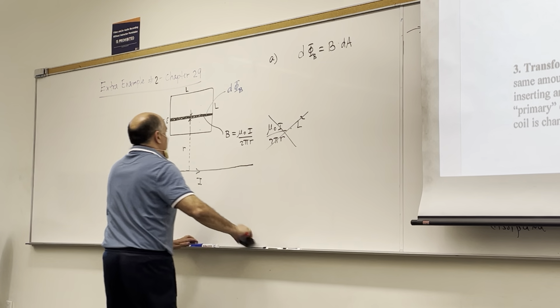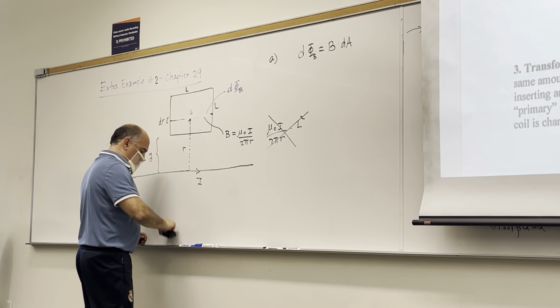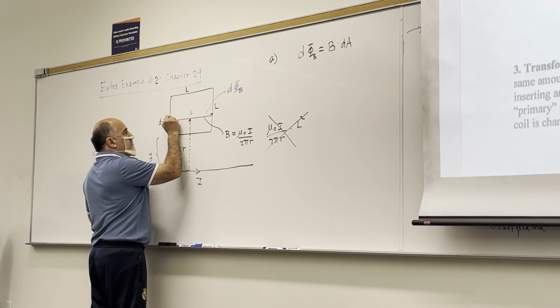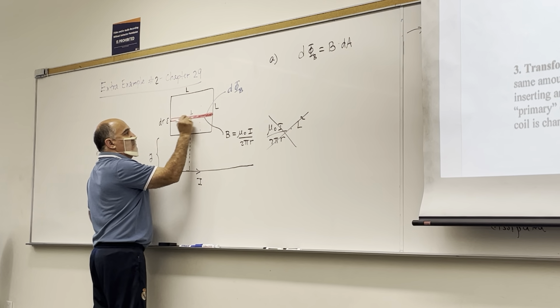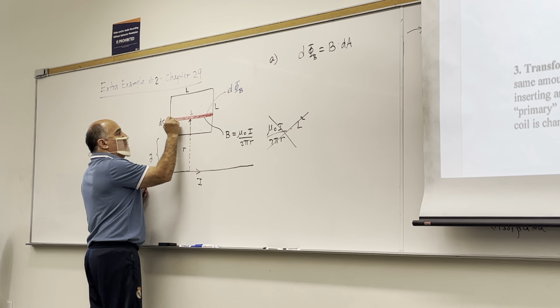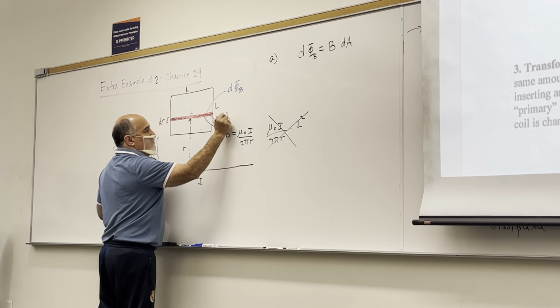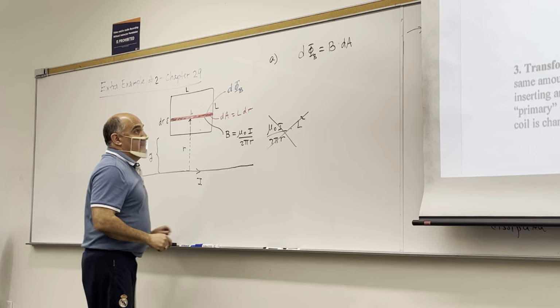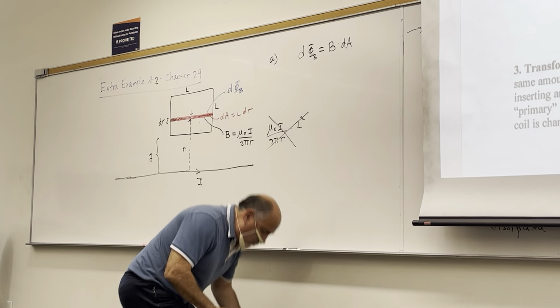Maybe I should use a different color for the area of that strip. So it's this. What is the area of that? L dr, exactly. It will be the length times the width.